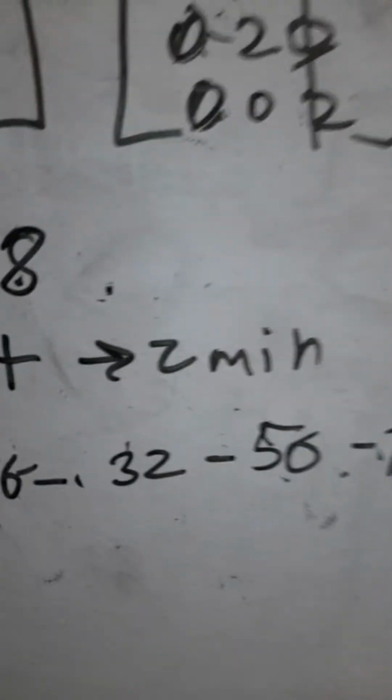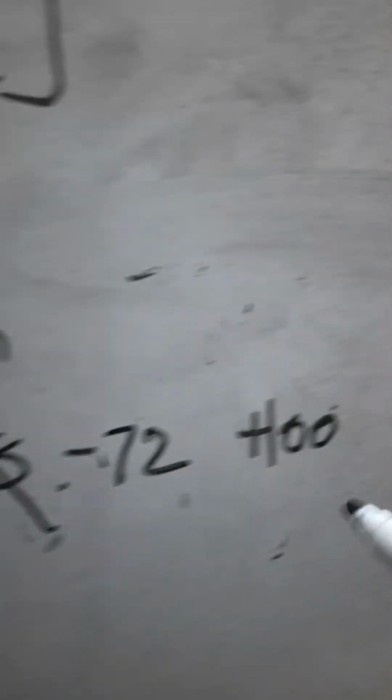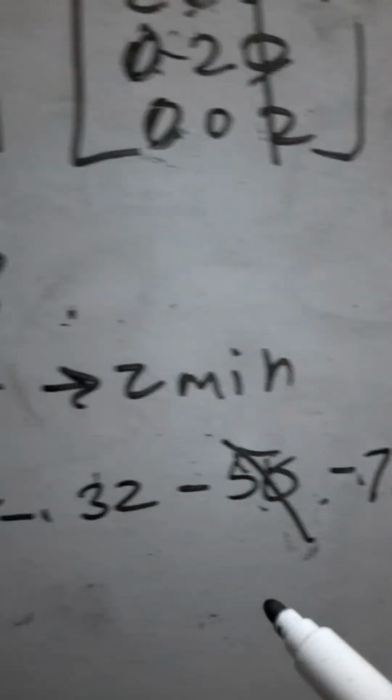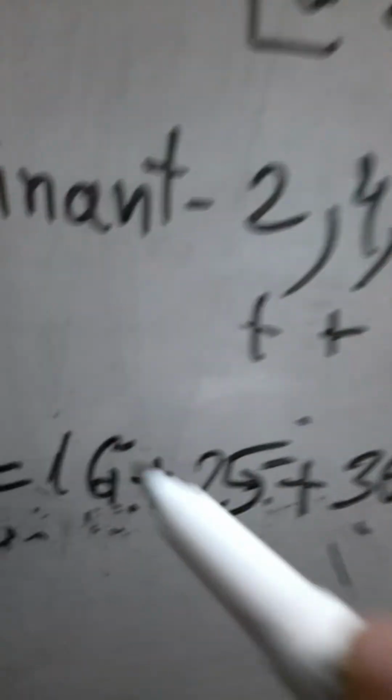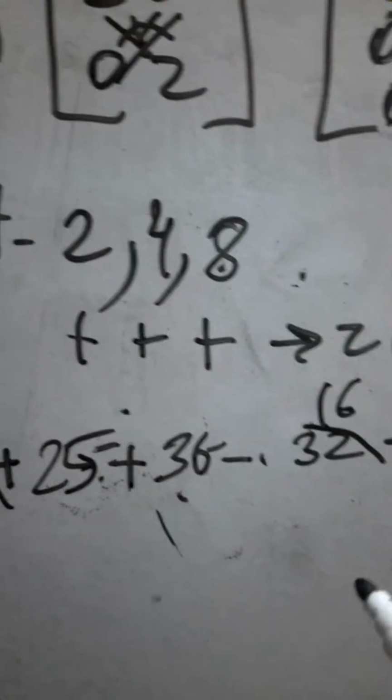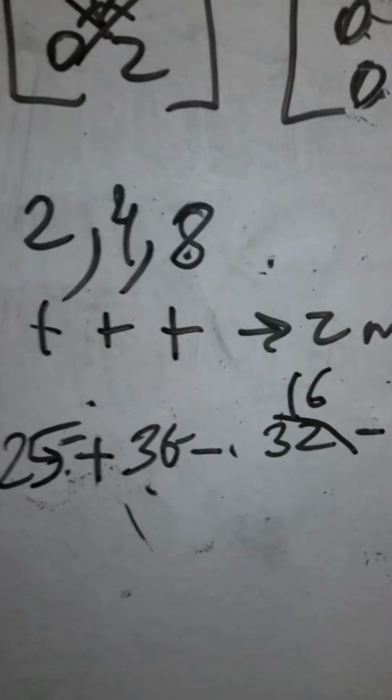Come on, you can do that, right? Let's do it for you. 50 minus 50, then this becomes 50. Okay. Then 16 goes from minus 32, this becomes minus 16. Okay. Now 72 is double of 36, so 36 goes with minus 36.